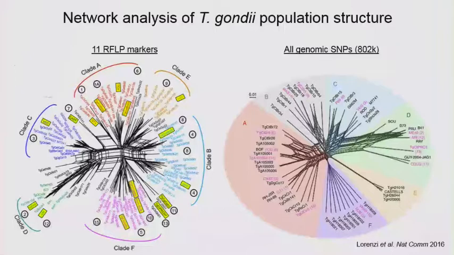And this is all genomic markers that was done after a genome sequencing project. And essentially, the parasites collapse into the same networking. And so they're basically 6, 7 different major groups called clades for these parasites.